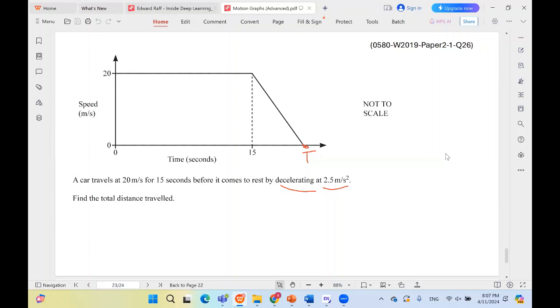So the speed was initially 20. After 1 second, you subtract 2.5, so you get 17.5. And then after another second, you subtract another 2.5, so you get 15, and so on and so forth.